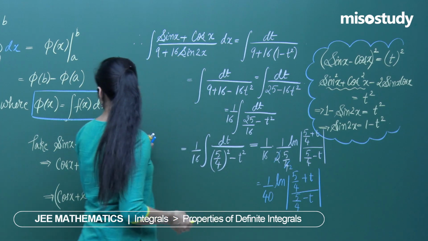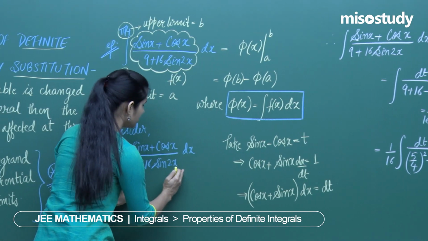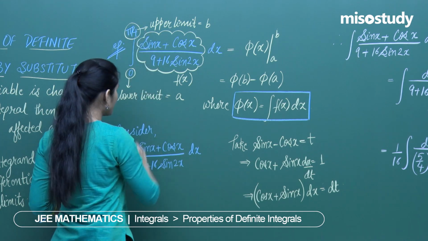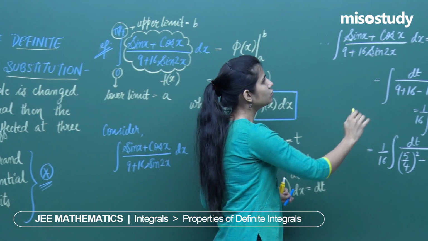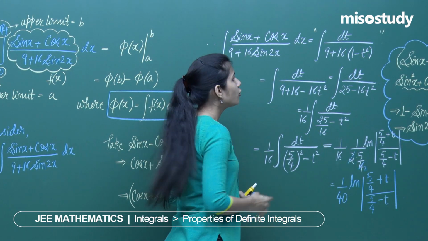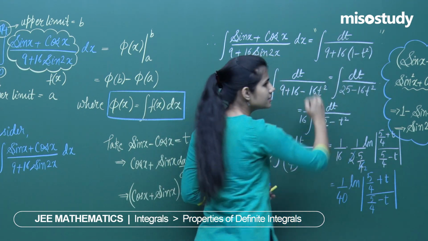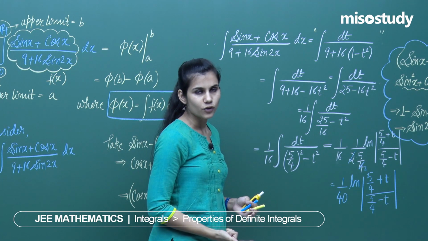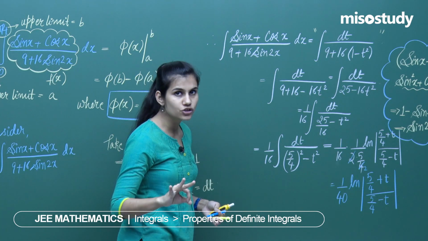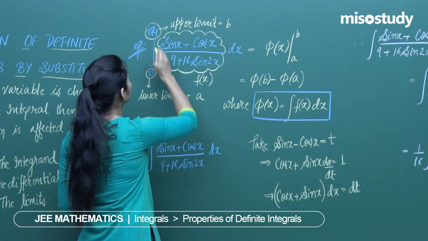Now, carefully observe, the integrand whose integral you wanted to find from 0 to pi by 4 has been changed to this integral after the substitution. Therefore that means now you need to find this particular integral's definite integral from 0 to pi by 4. So now the third effect is going to come into the picture. How? This was from 0 to pi by 4.